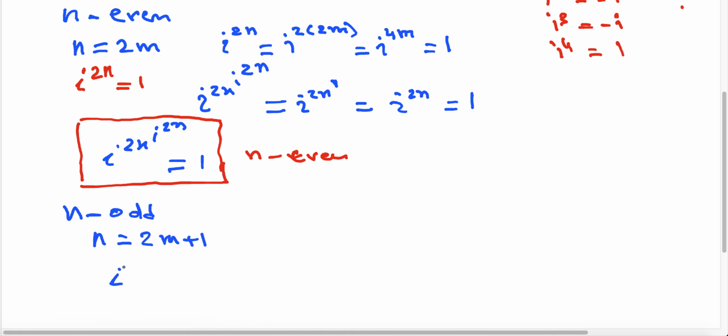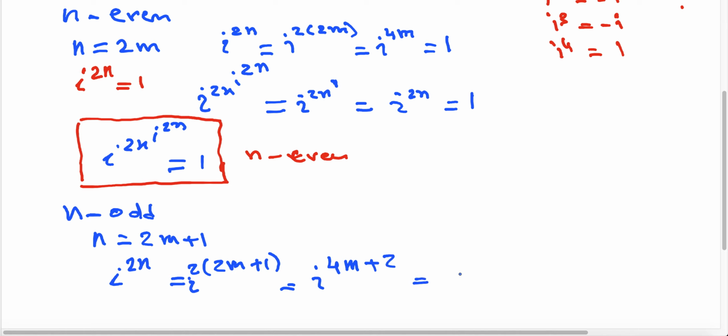So let me take i^(2n), and instead of n, I'm going to substitute 2m plus 1. So here is i to the power 2 times 2m plus 1. Now we are distributing: 2 times 2m is 4m, plus 2 times 1 is 2.